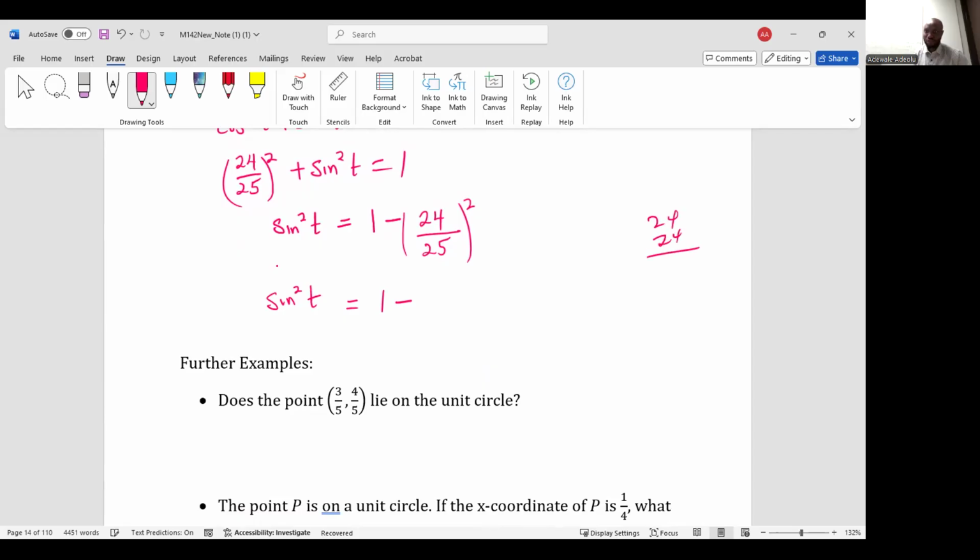24 times 24. Well, apparently you should know this often. So that is 16, that's 96, this is 8, this is 4. So 576, 576 over 625.